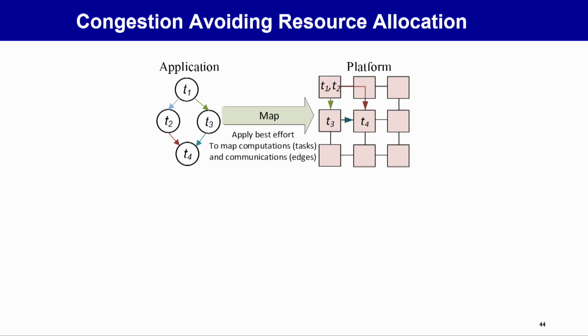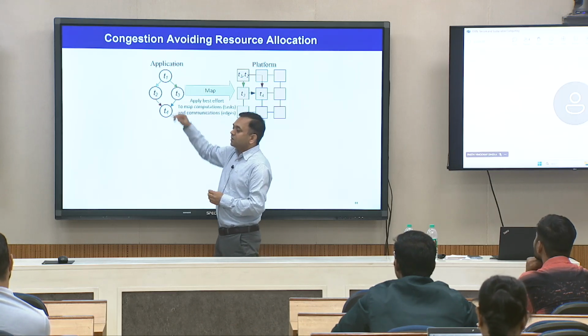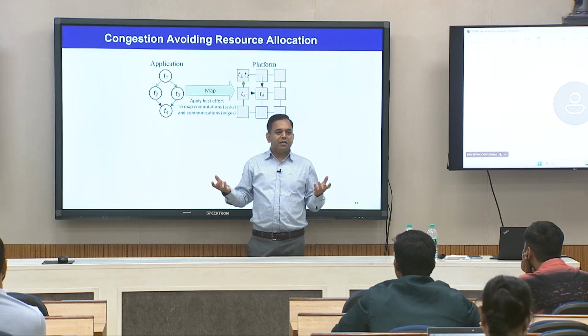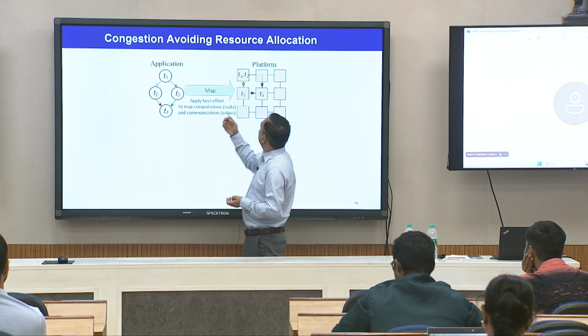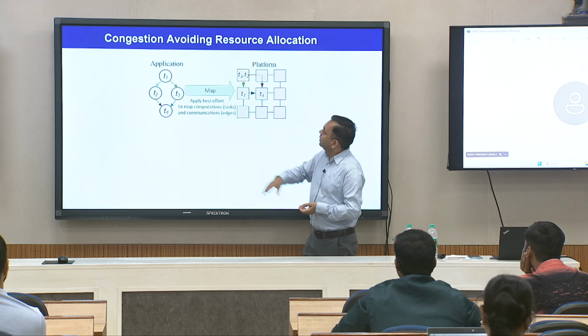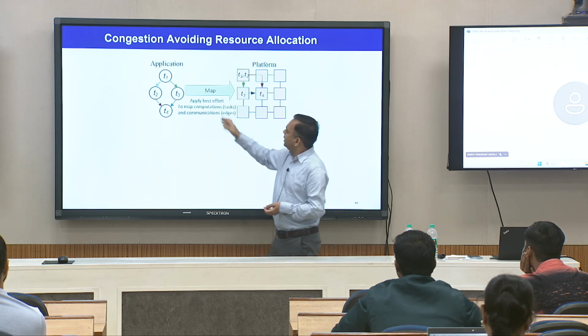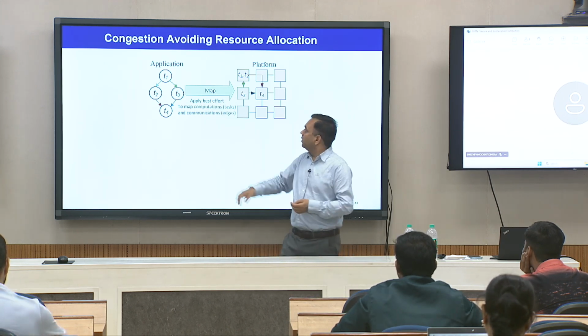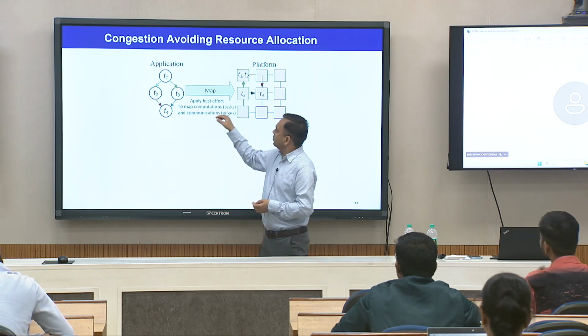Like I said, congestion avoiding is one I wanted to cover. So let's say your application is in this format. I am showing this as a task graph, but you can imagine this is just a multi-threaded application, any application. And if you have this kind of architecture, you will apply best effort to map computations and communications.